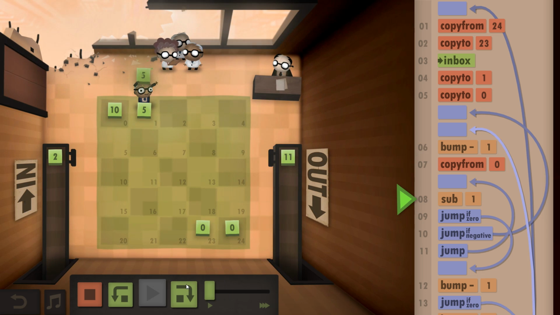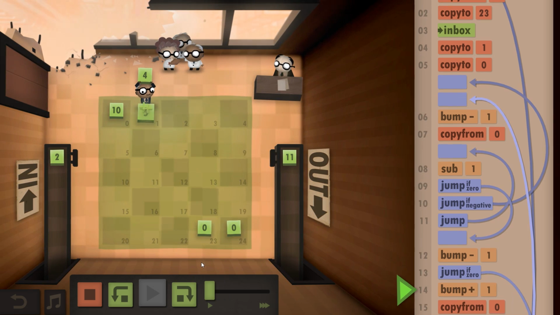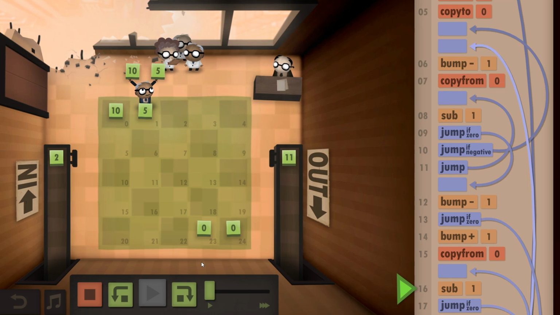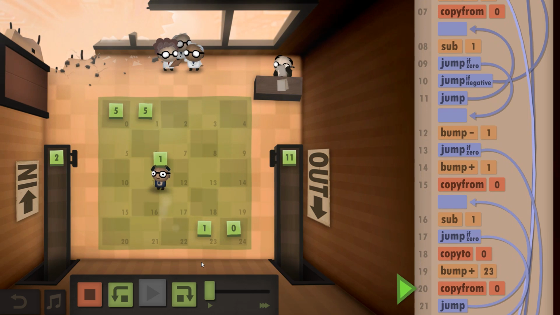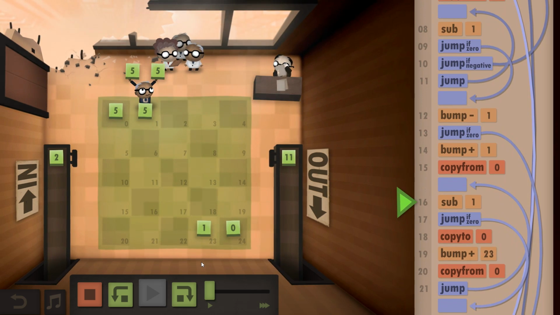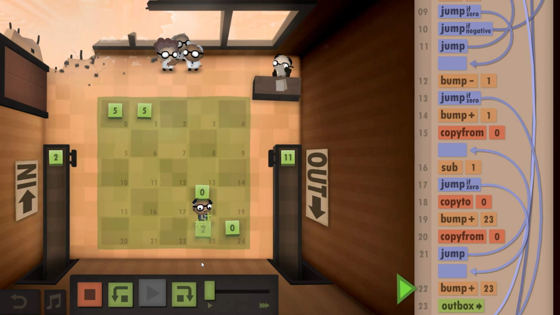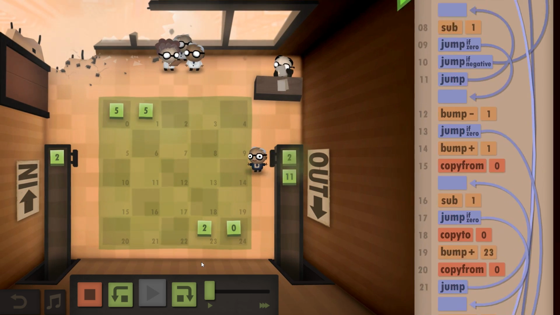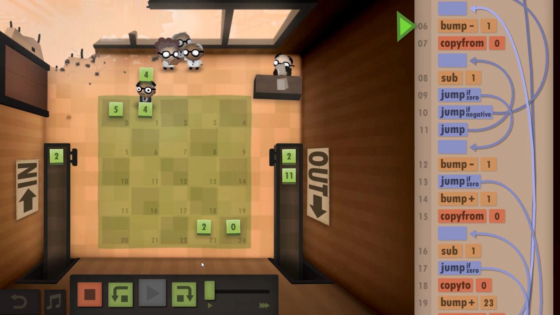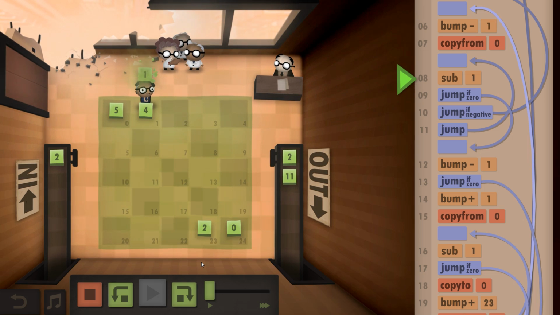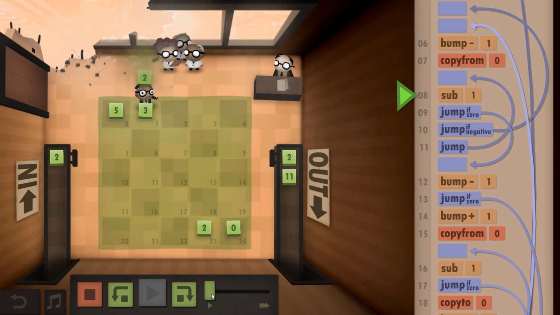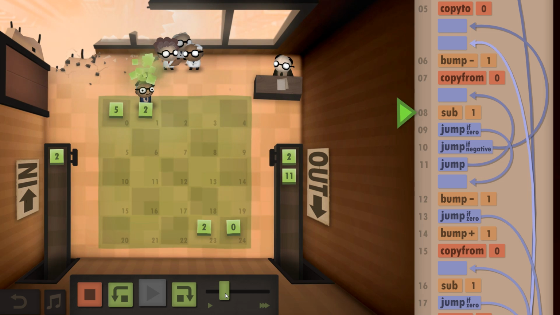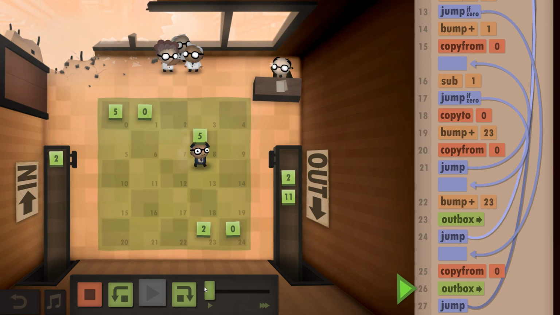Okay. 5, 0. 5 is not 1. Two, yeah. Outbox that. That's good. 5 minus 4. Minus 4 is negative. I don't even know what's gonna happen with the 2. But it might work actually.